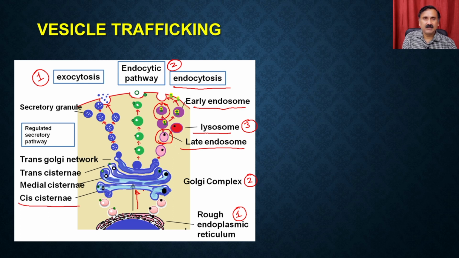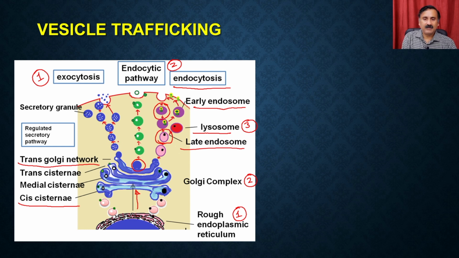Once they enter the Golgi, the Golgi receives these vesicles, and they are further modified by glycan trimming as well as maturation. Once they are matured, the vesicles go out from the trans Golgi complex, where they are packed into a vesicle with a signal for a particular organelle.